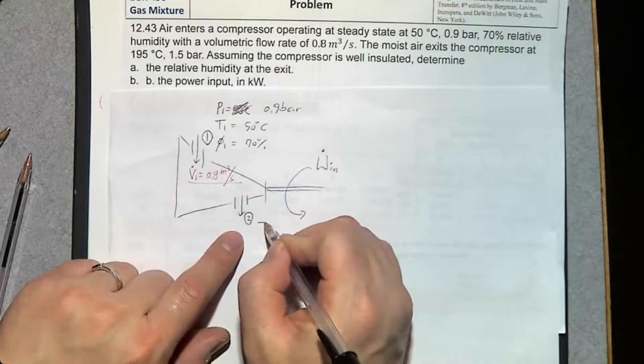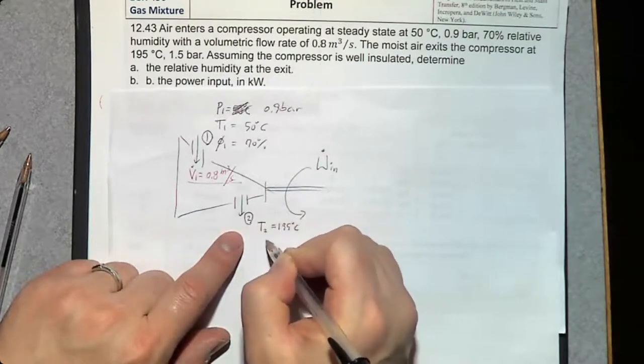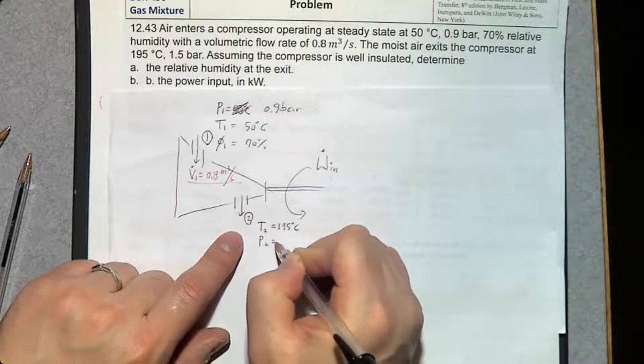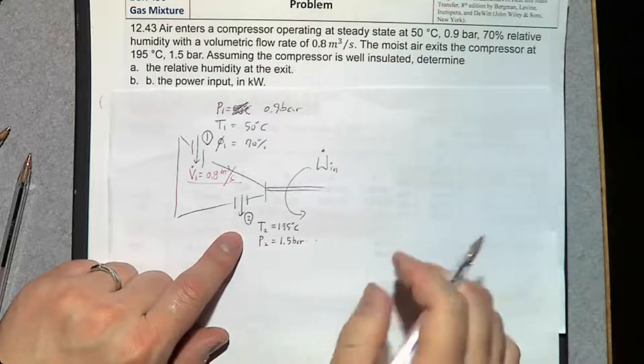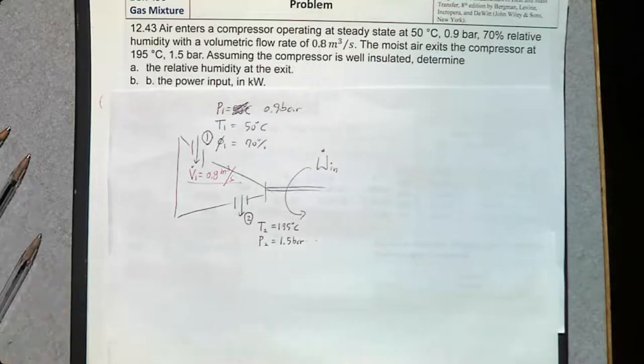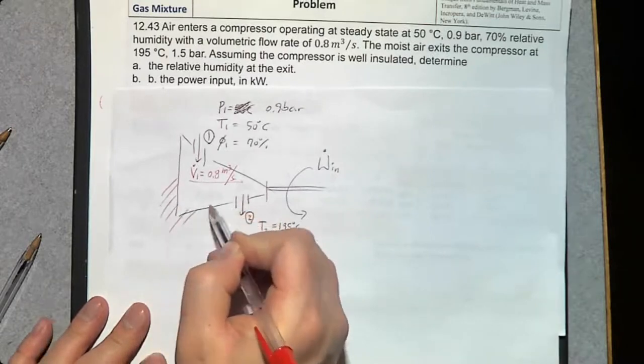What about at the exit? We have temperature T2, 195 degrees Celsius. P2, pressure is 1.5 bar. And we assume that the compressor is well insulated.